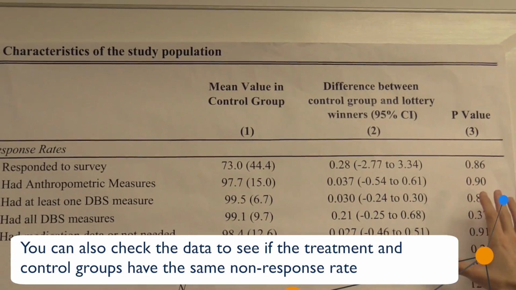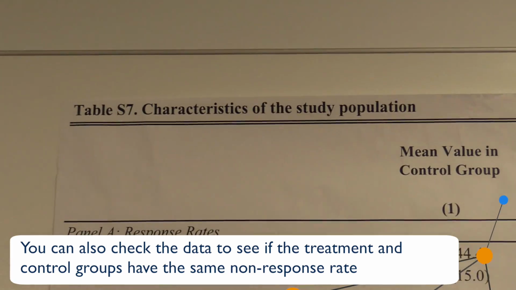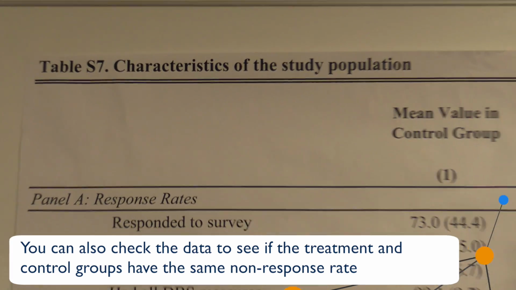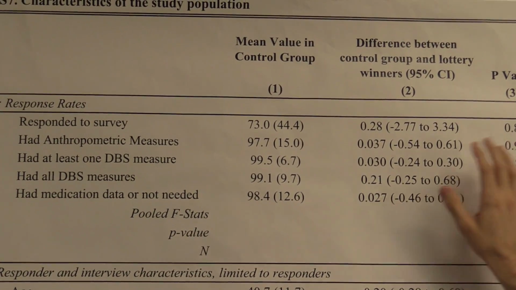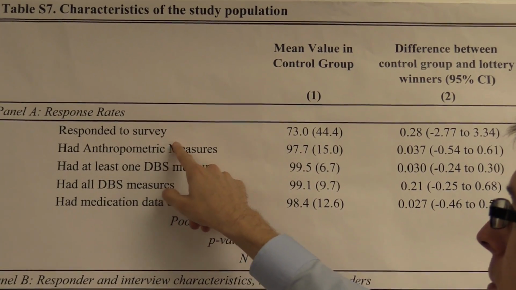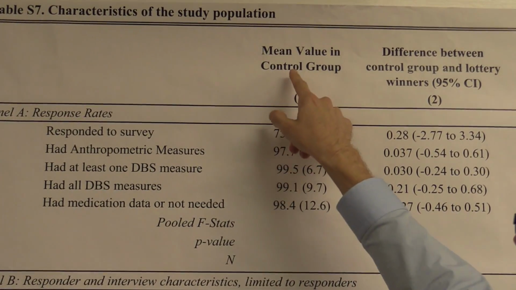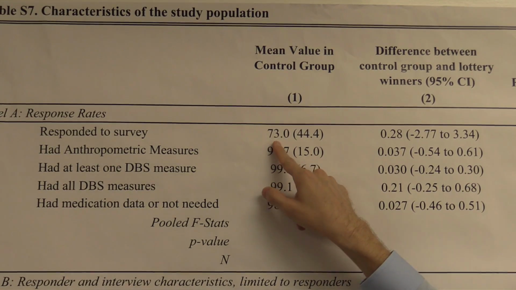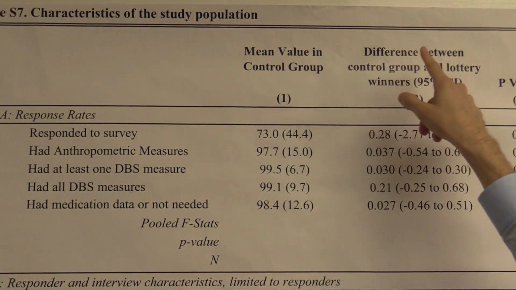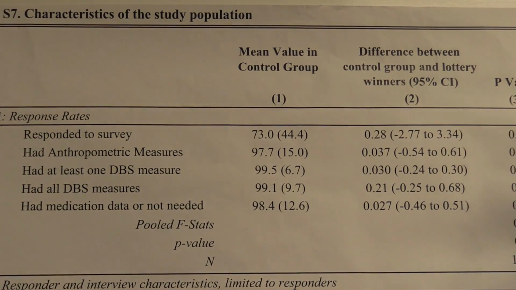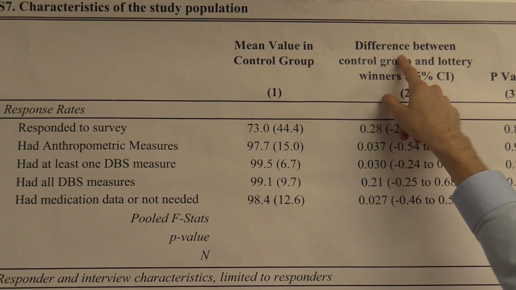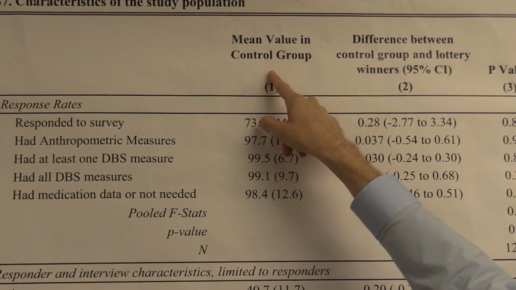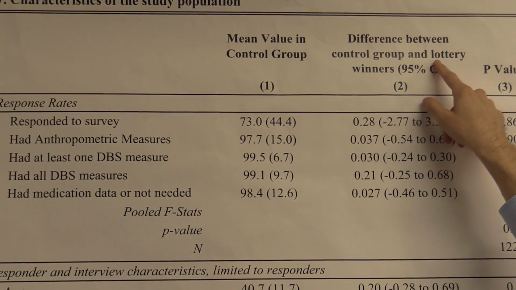So here's table S7 from the appendix to this paper. In the panel A, they just have data on response rates. Okay? So up here we say how many people responded to the survey. Well, in the control group, it was 73%. And in the treatment group, there's some other number, but what they've presented here in this column is the difference between the average value in the control group and the average value in the treatment group.